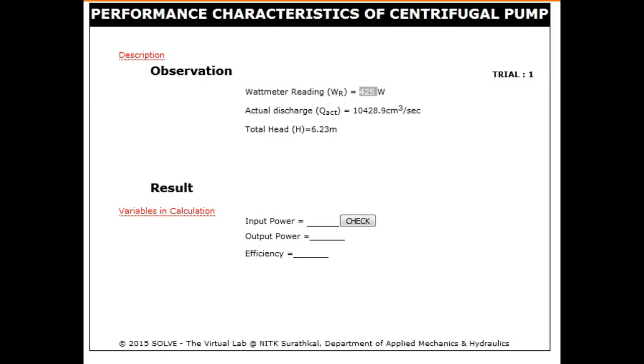The equation to calculate input power uses the watt meter reading, the watt meter constant, the efficiency of the motor, as well as the phases. After substituting I get approximately 2 kilowatt. Yes, that is right. Then output power is Q actual into H, or rho Q g H, and if I substitute, the value comes approximately 637.4.